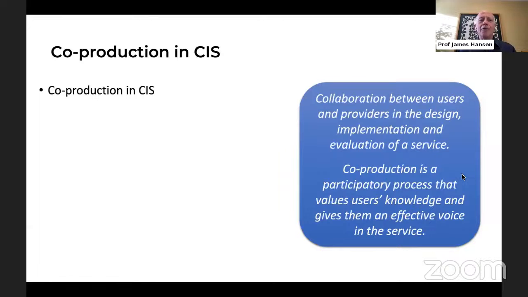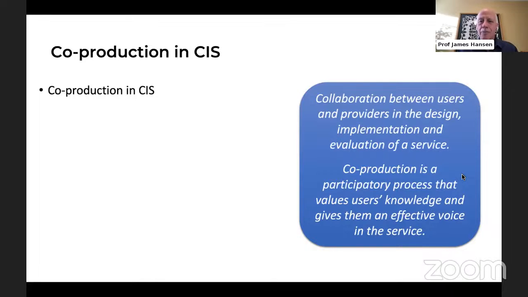Well, this introduces an important term that in recent years has been adopted widely in the climate services community, and that's co-production. So co-production involves a collaboration between users of a service and providers of that service in the design, the implementation, and evaluation of that service. And if this is done iteratively, then over time, that will improve the relevance and therefore the use and impact of that service.